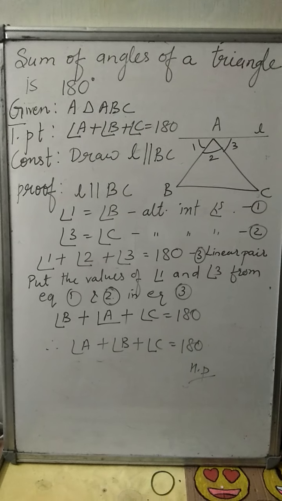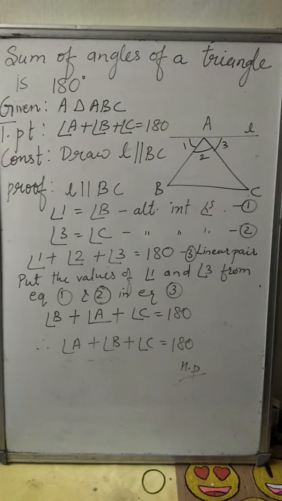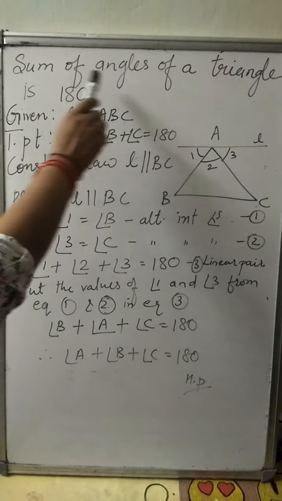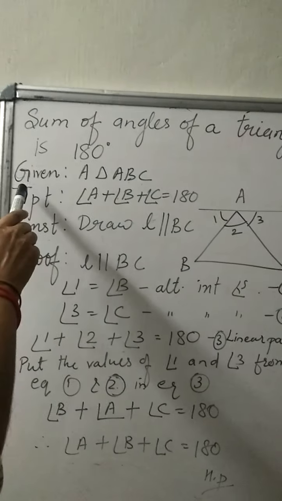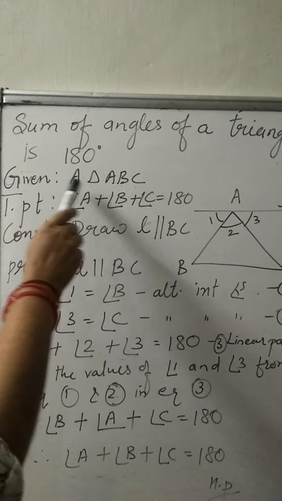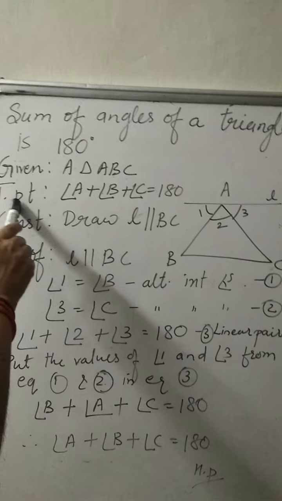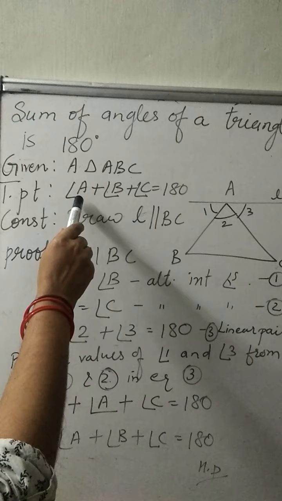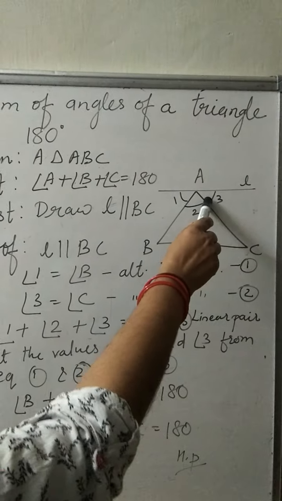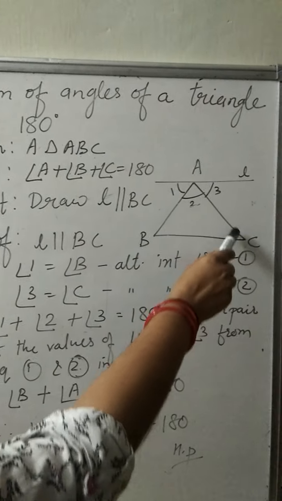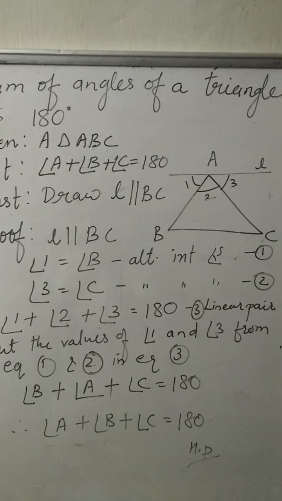This question was also asked by one of the students: how to prove that the sum of all the angles of a triangle is 180 degrees? So here is the proof. The sum of all angles of a triangle is 180 degrees. You have to write here: given is triangle ABC. To prove that angle A plus angle B plus angle C is equal to 180 degrees.